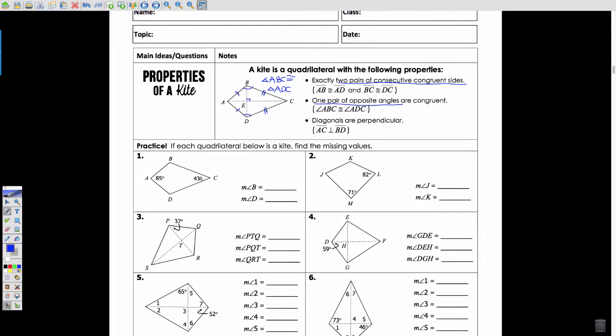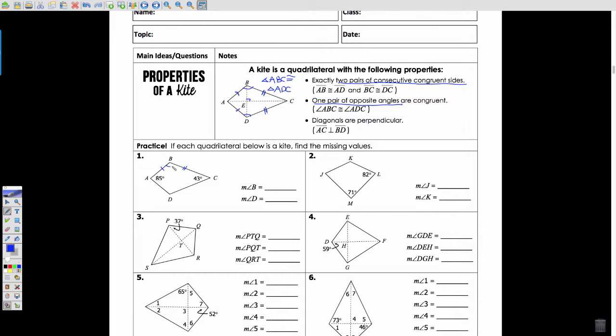First one, I have two known angles, and I'm asked to find angle B and angle D. Now, I don't know if B or D is congruent to either one. However, if you notice, if I connect AC, I've got two triangles here, and in the case of angle B, AB and BC are not congruent.